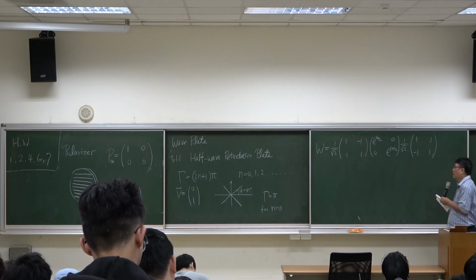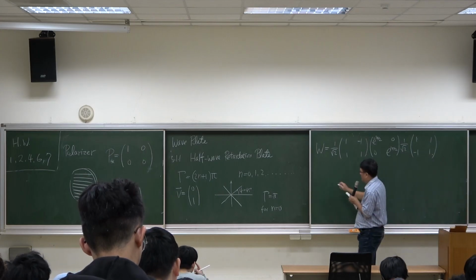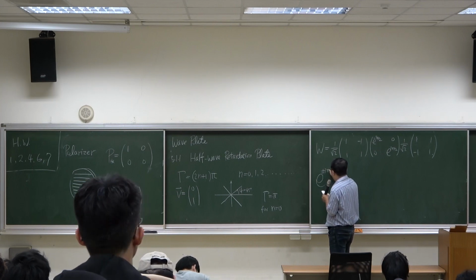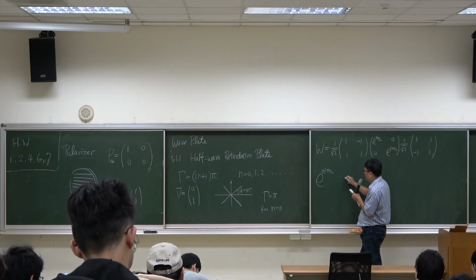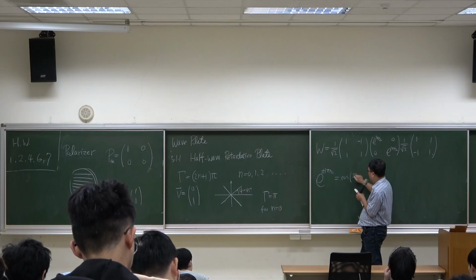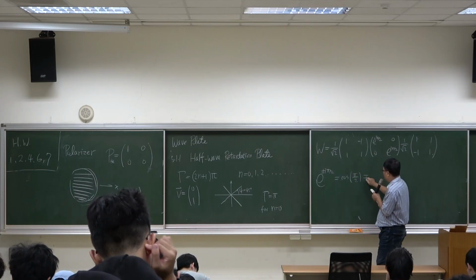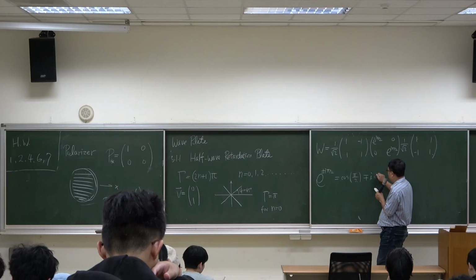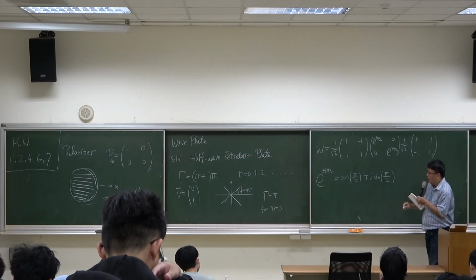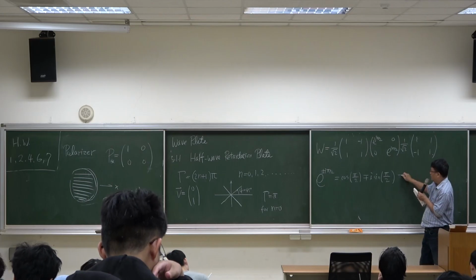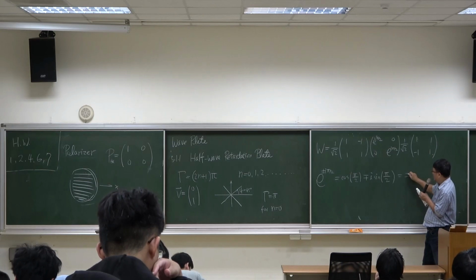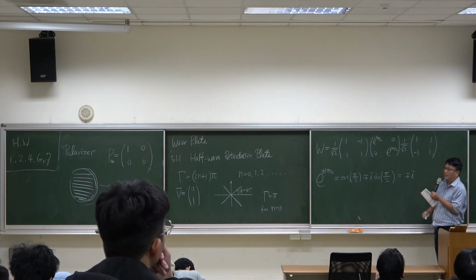But what is this factor? This means cosine half pi minus plus i sine half pi. Okay? And cosine half pi is equal to 0, and sine half pi is equal to 1. This is minus plus i.